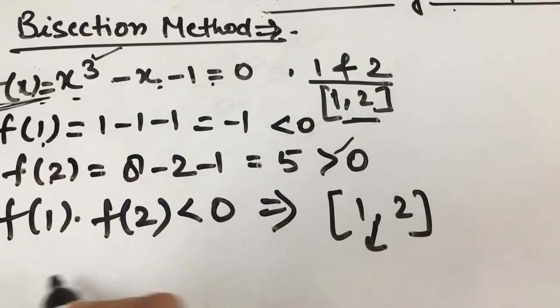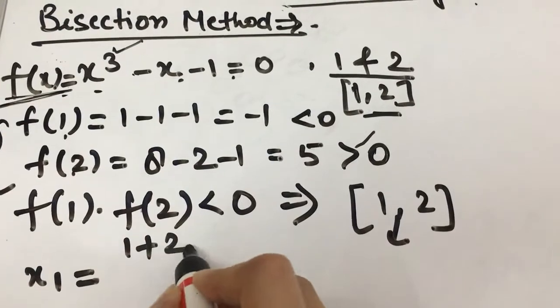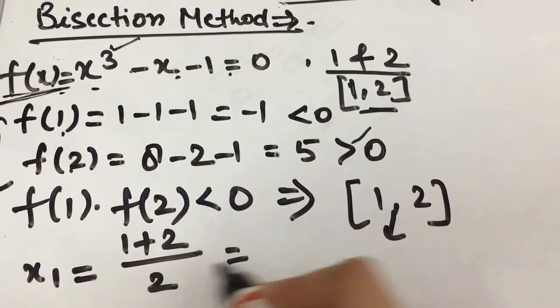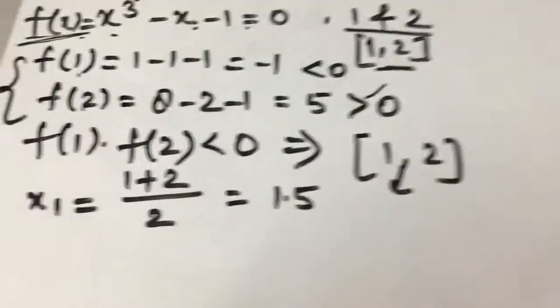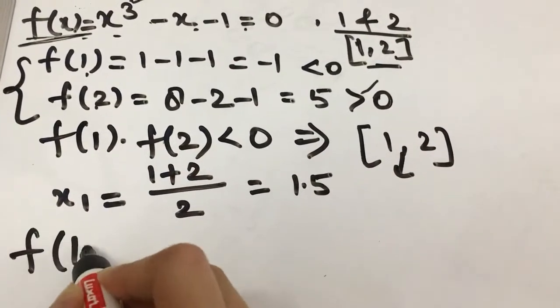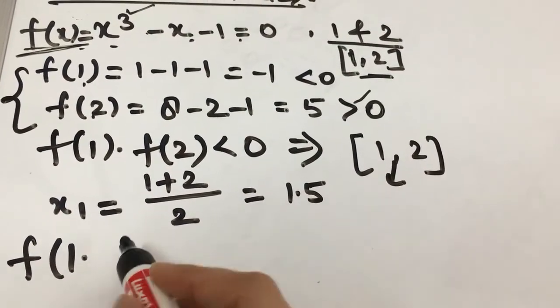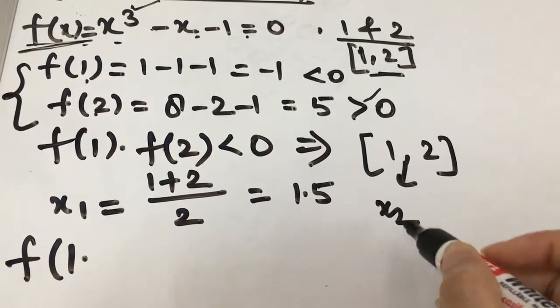Now what will be that solution? That will be the first approximated solution and we will obtain it like this. So the value will be 1.5, the first approximated root. Now we will find the second approximated root. For that we need to find in which interval the approximated root x2 will lie.